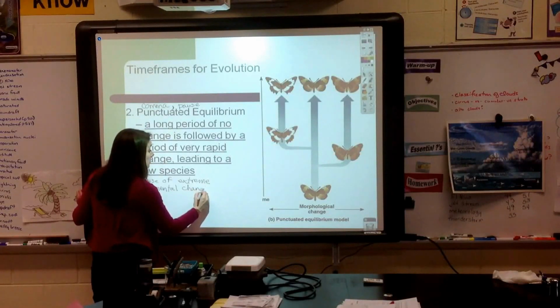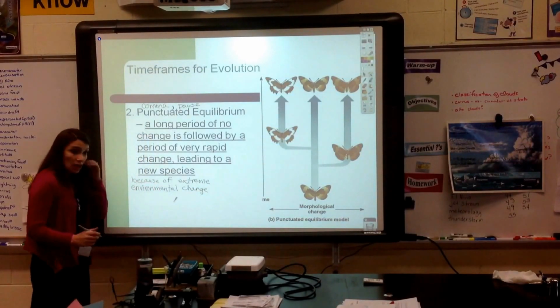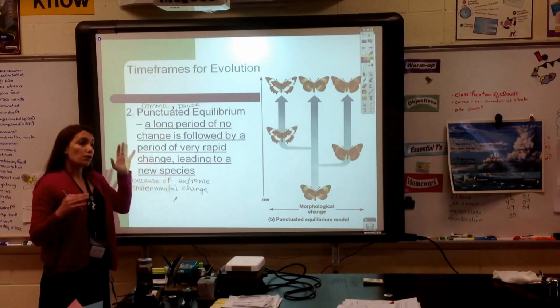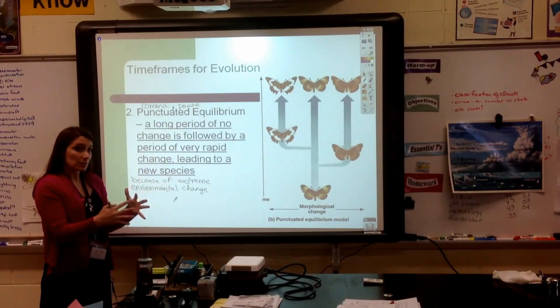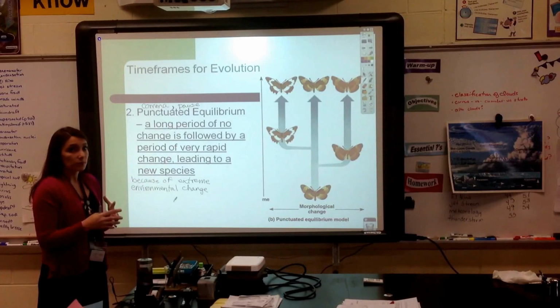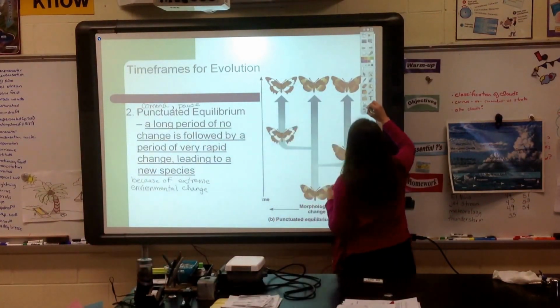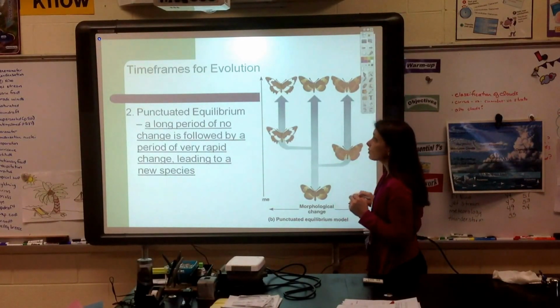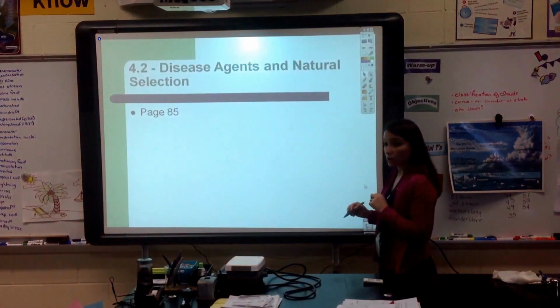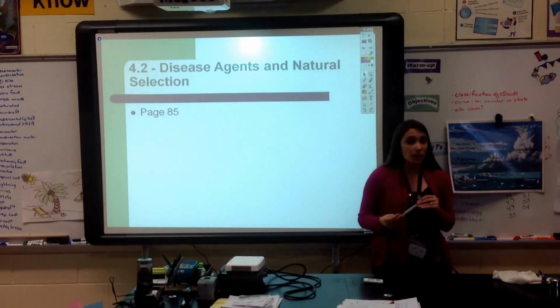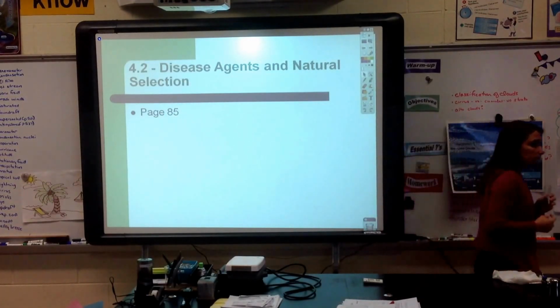So if there's a huge volcanic eruption and the environment has drastically changed, that will force natural selection to happen a lot faster. And so those are the two patterns of time about how evolution will occur. That's the end of this unit, so you want to take some time to complete your summary box.